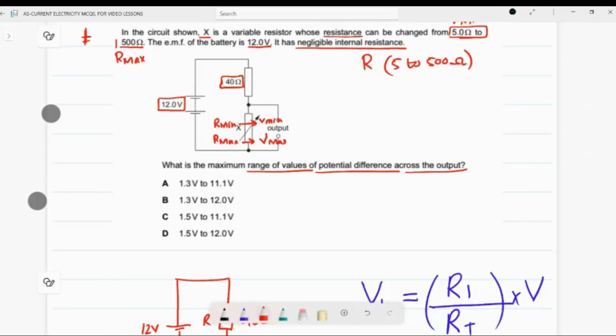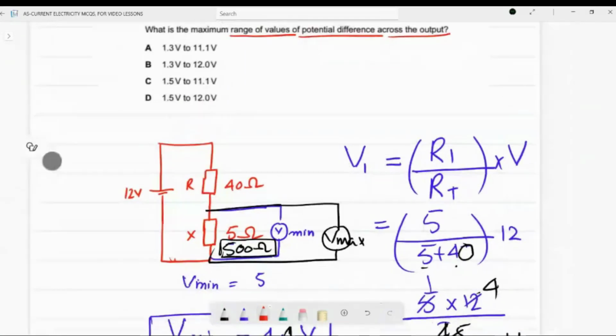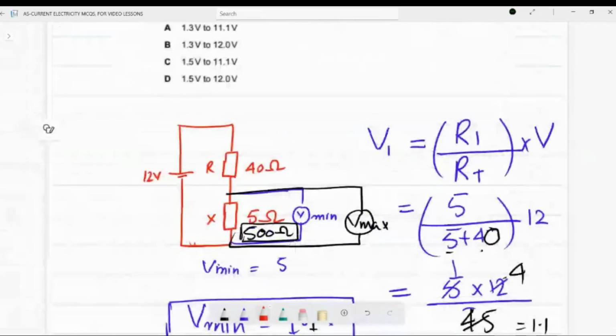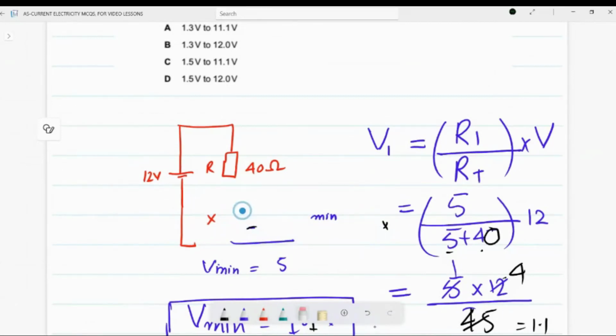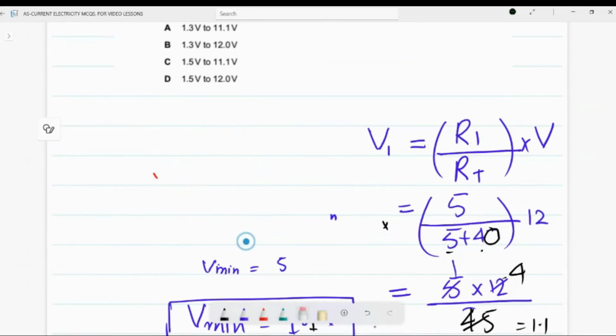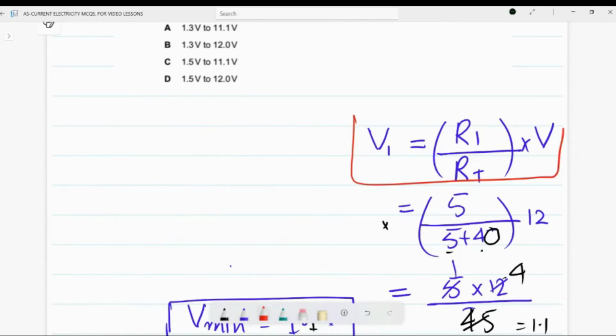So let me introduce you to a formula. I have written that formula before I started. I have basically reproduced the circuit diagram, regenerated that one. That formula is related to potential divider circuits. And what is the significance of that formula?